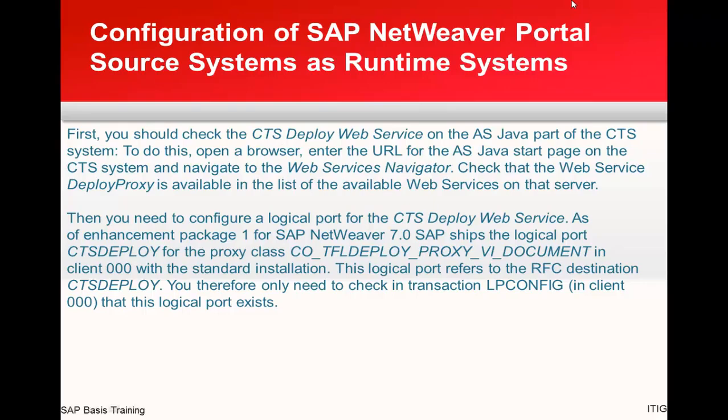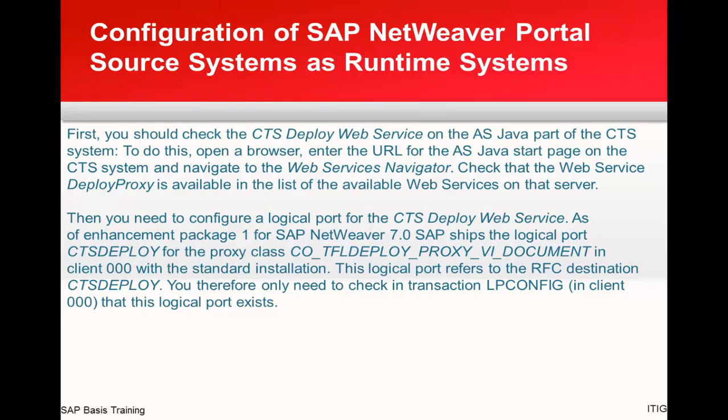Now, configuration of the NetWeaver portal source system as runtime system. We have done what needs to be done on the TDC, that is, the transport domain controller. Now on the systems where we want to deploy this, or connect this, say the Java systems, we need to check the CTS deploy web service of the AS Java part. We need to check whether the deploy proxy is available.